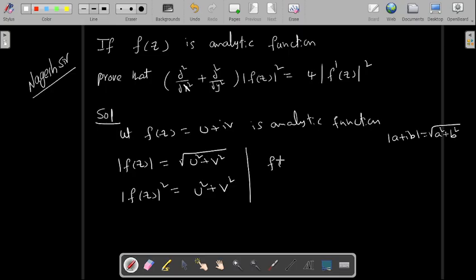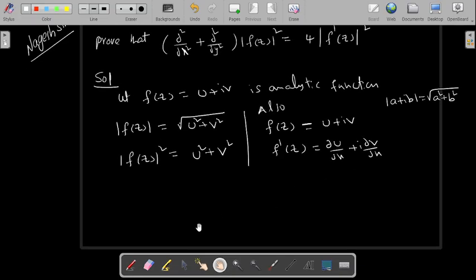Next, also f(z) = u + iv, and f'(z) is given by the formula ∂u/∂x + i ∂v/∂x.